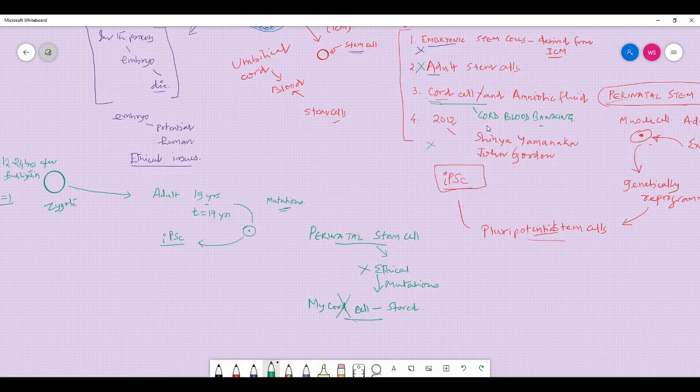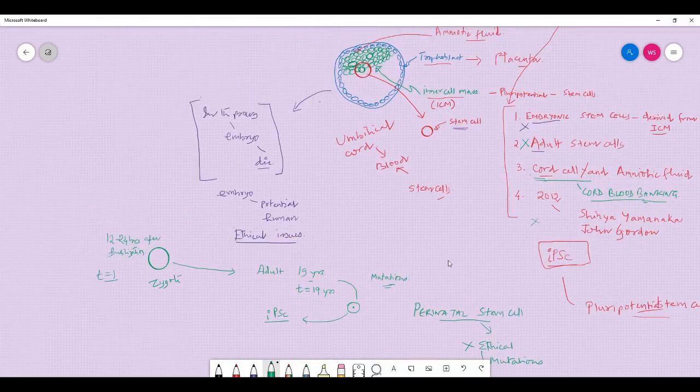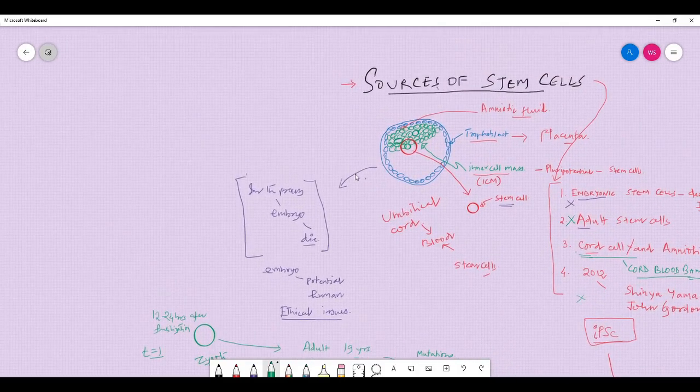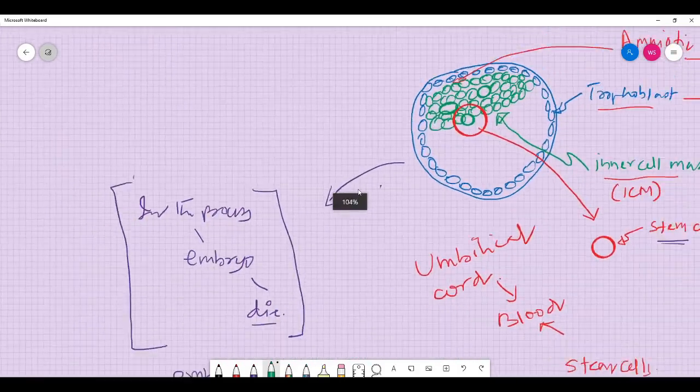Potential parents are told by these companies to sign up, and if they sign up, these companies will come and collect and store the cord blood in their blood bank in a viable form, so that whenever the patient or the person needs the cord blood, they can get it from the bank, and that can become a source of perinatal stem cells. So these are the controversies and issues surrounding stem cells.